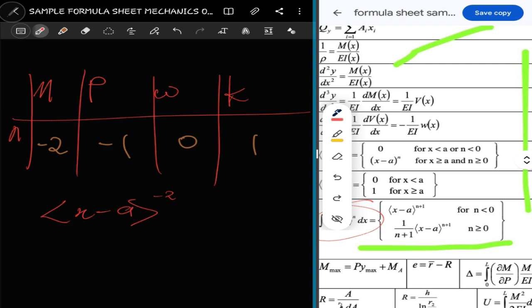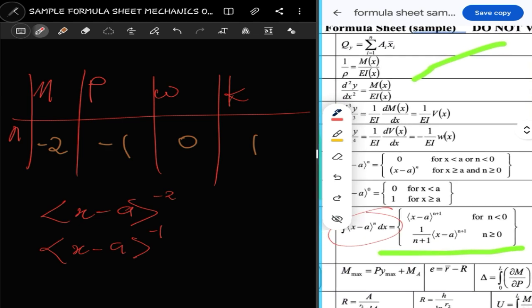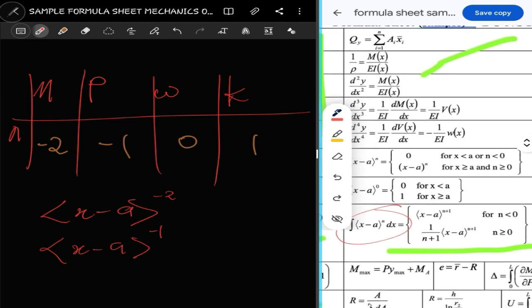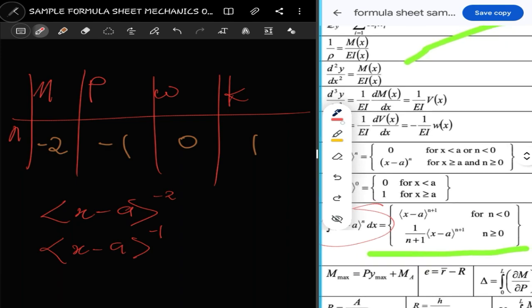So when you're doing integration, since n is negative, you just add 1 to this, so the Macaulay bracket x minus a becomes just -1. You don't do anything else, right? So this is what they are saying here.